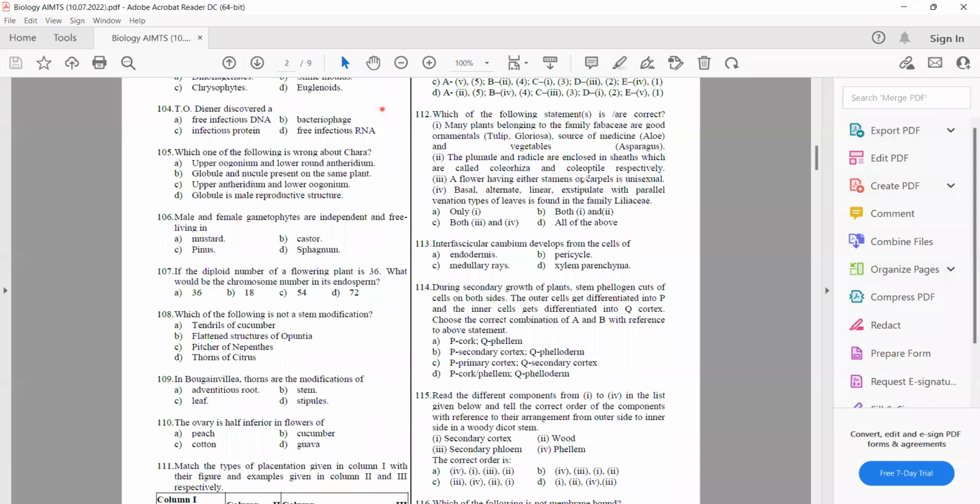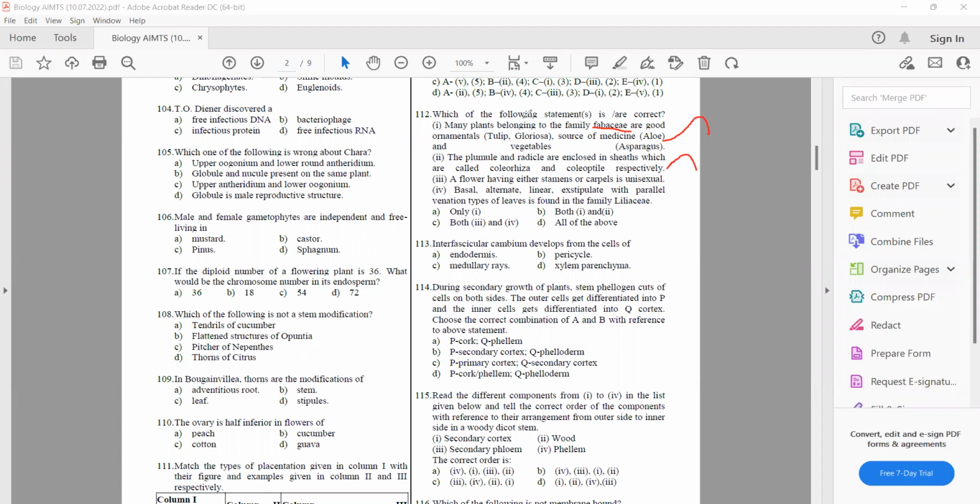The first statement is wrong, right? They belong to the family Liliaceae, not to Fabaceae. And when we talk about the plumule and radicle, yes, they are enclosed in sheaths, but here it is given as coleorhiza for the plumule, no, it is coleoptile, so even this statement is also wrong.